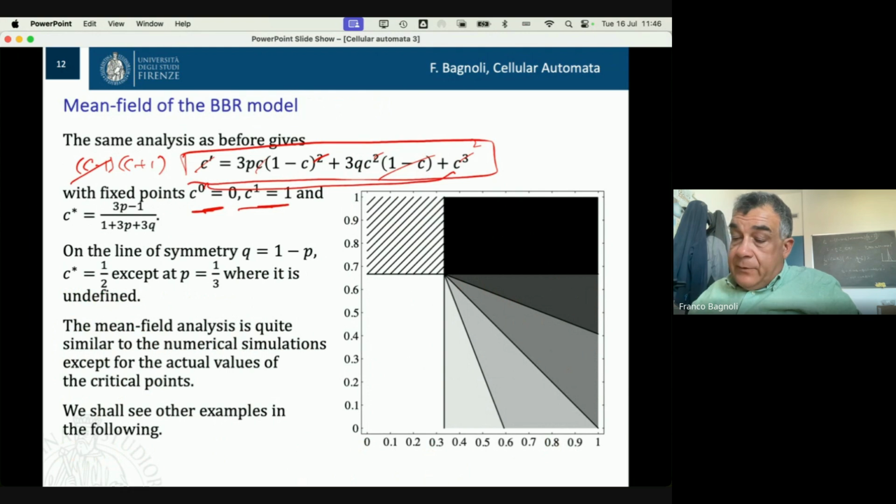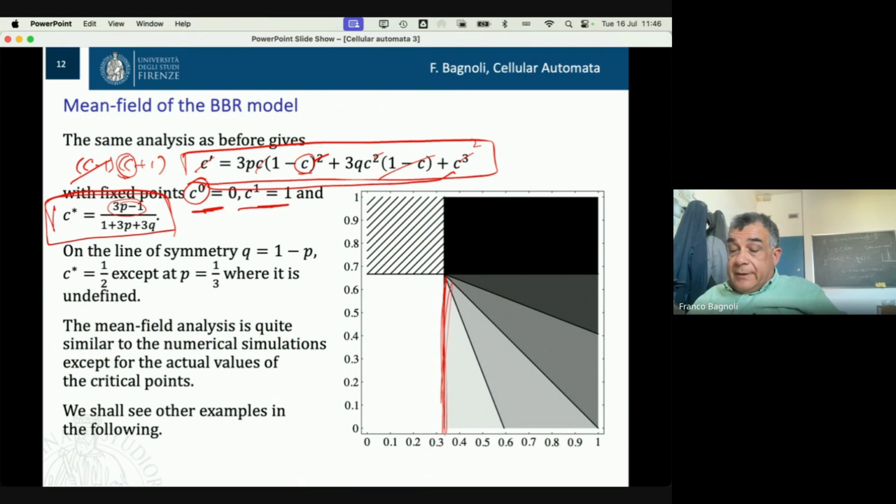And finally, from the last equation, you get this condition. And again, you can find where these different solutions coincide, and you find that for p equal 1/3, it gives 1 and 0, so it collides with this for any values of q.